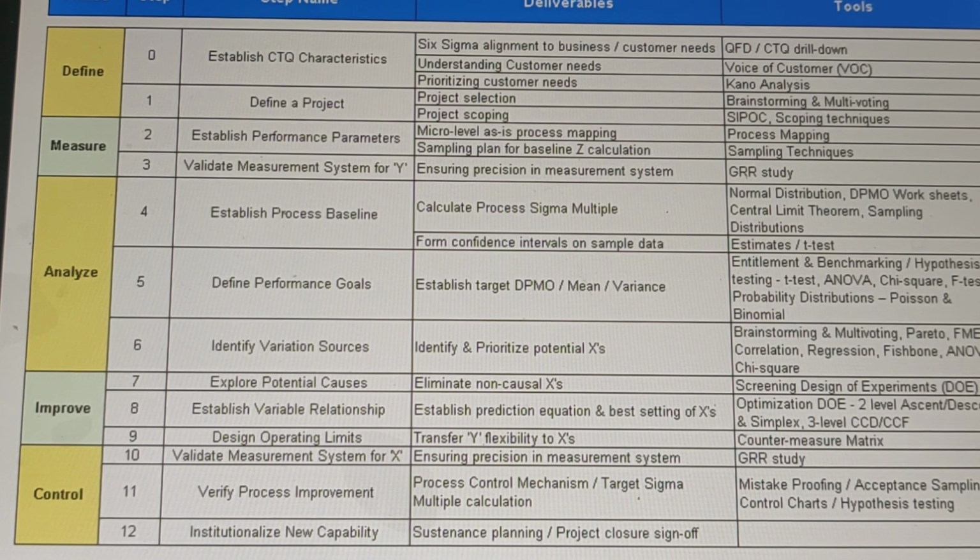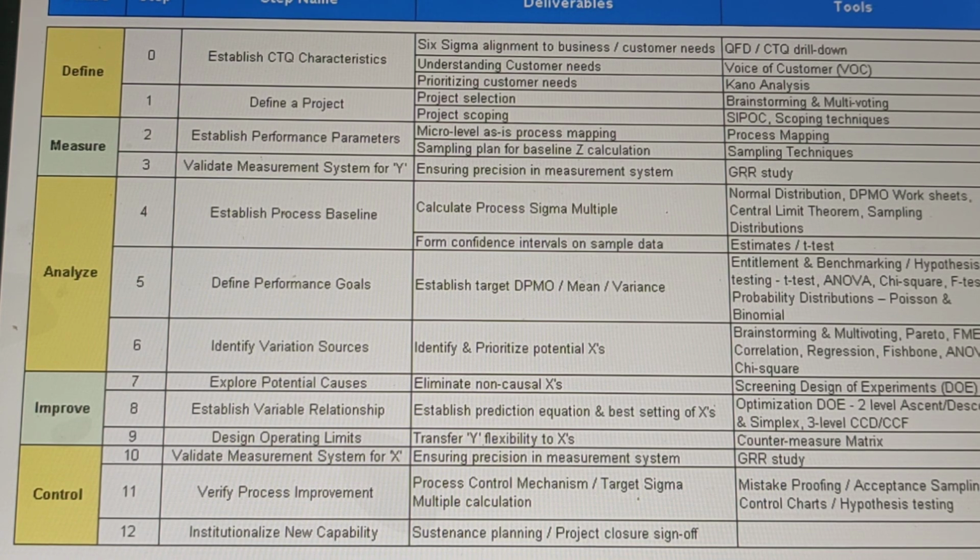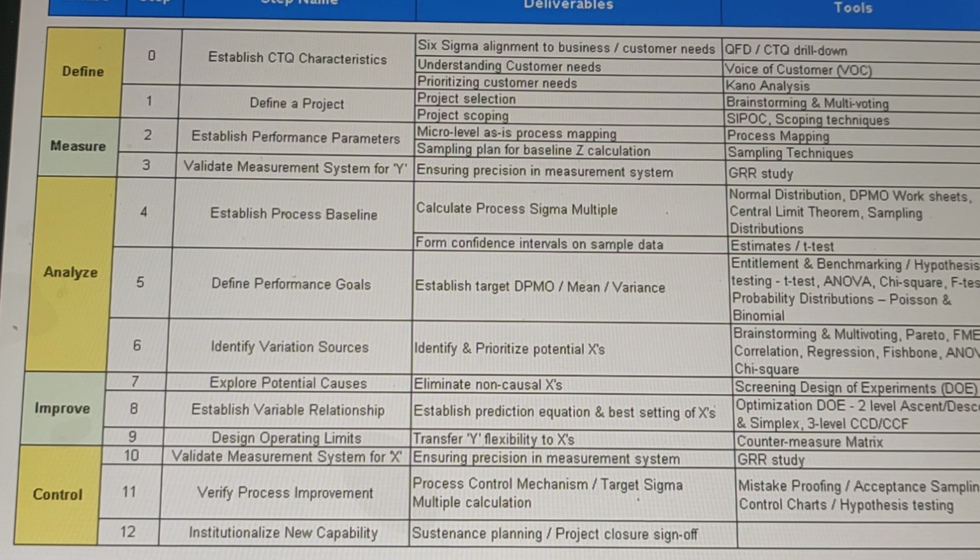This is my present baseline, and if we improve from 2 sigma to 5 sigma, I may have this amount of dollars. So finally my finance friend also has to be with me for establishing that benefit result, that this is achieved, and finally closure of my project.